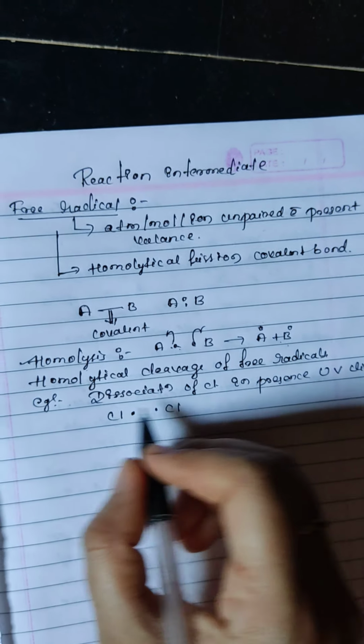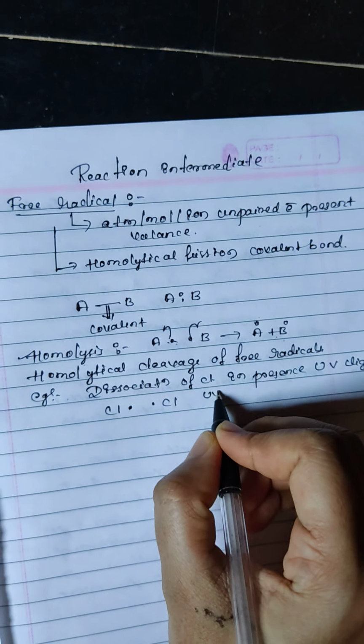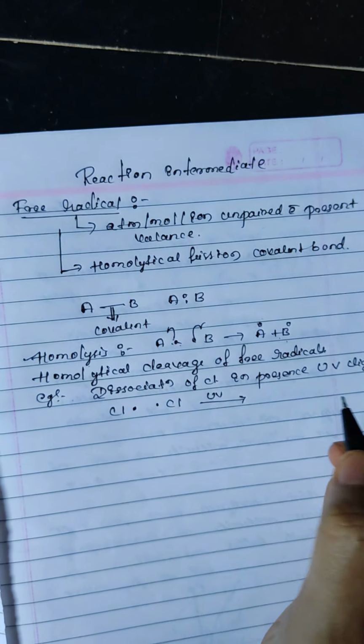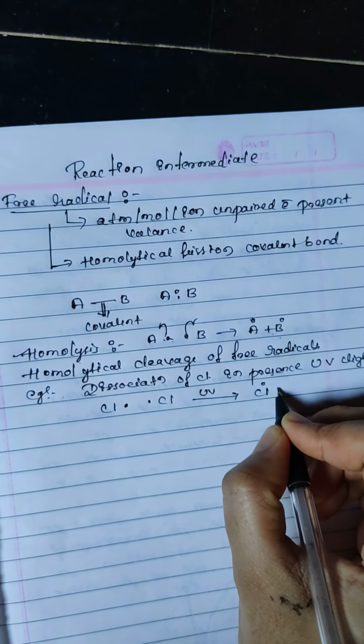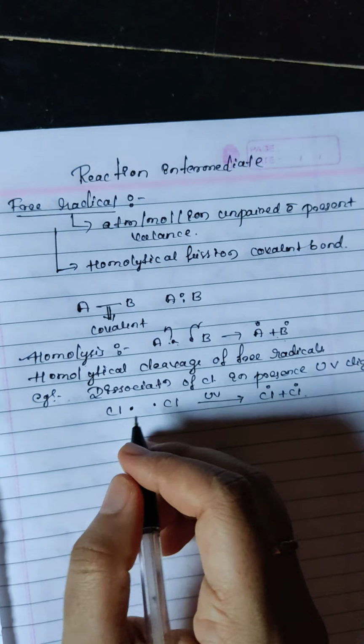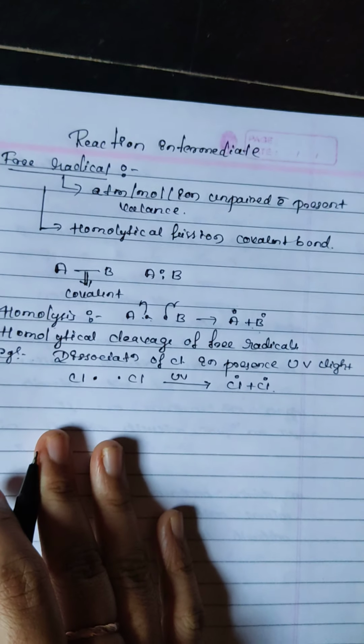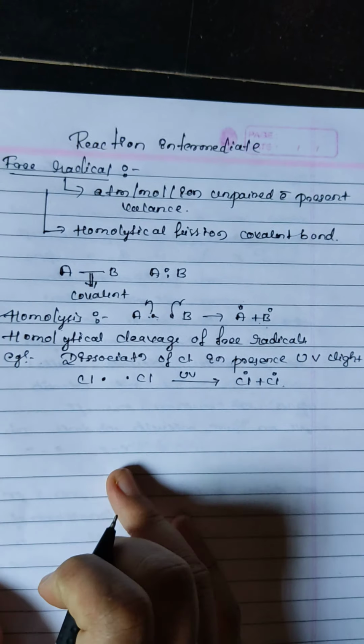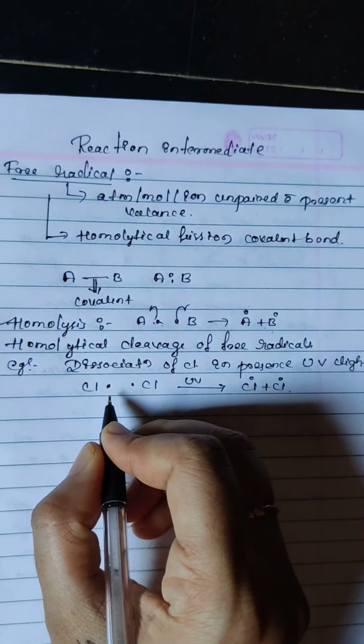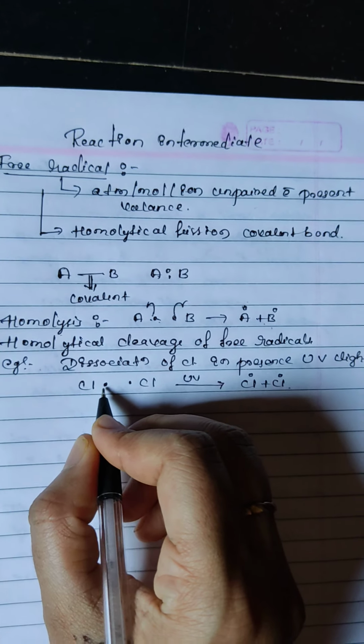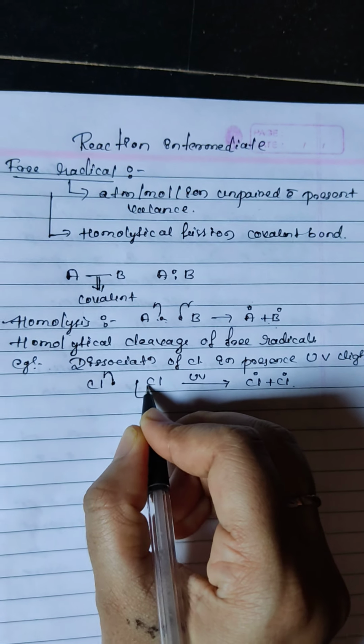In the presence of UV light, it dissociates into a chlorine radical on that side plus a chlorine radical on that side. One bond is attached on that side, another on that side.